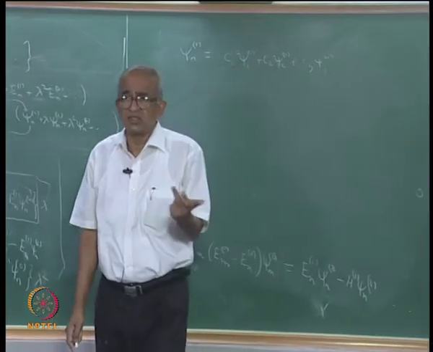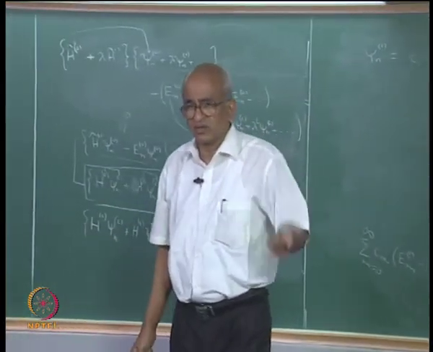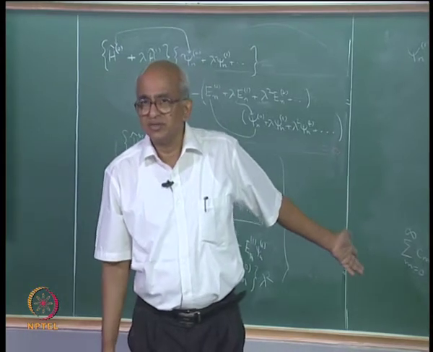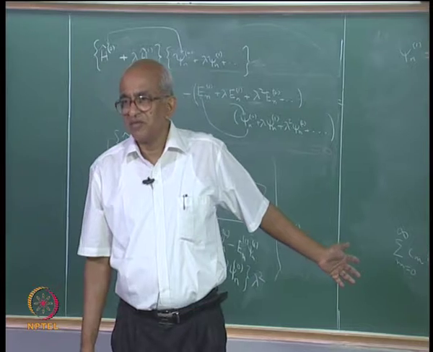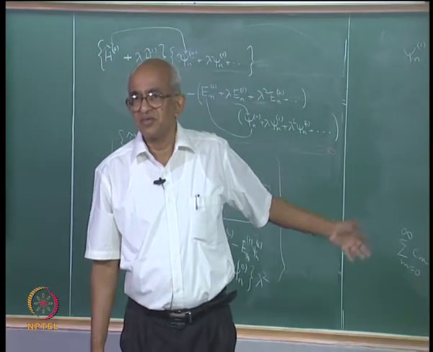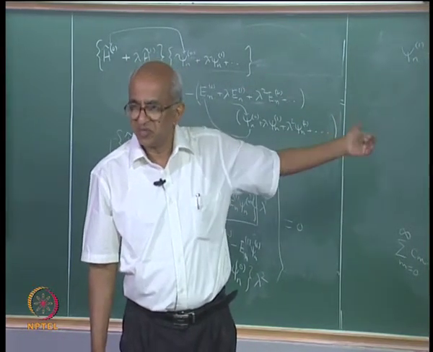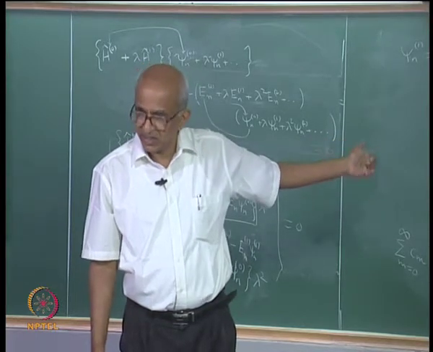What are they? C 1, C 2, C 3, C 4, etc. These are all unknowns, and I have only one equation. Right? I mean, you would not believe if I told you that this one equation is enough for me to determine an infinite number of unknowns, but that is actually possible.